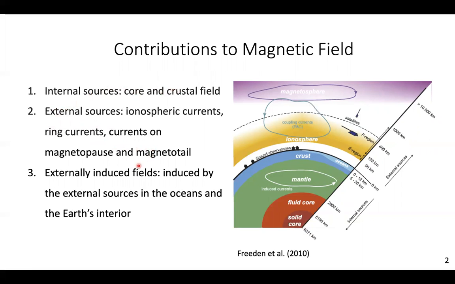The last one is the externally induced field. The induced current by the external sources flows in the ocean and the Earth's interior. We call it the externally induced field.